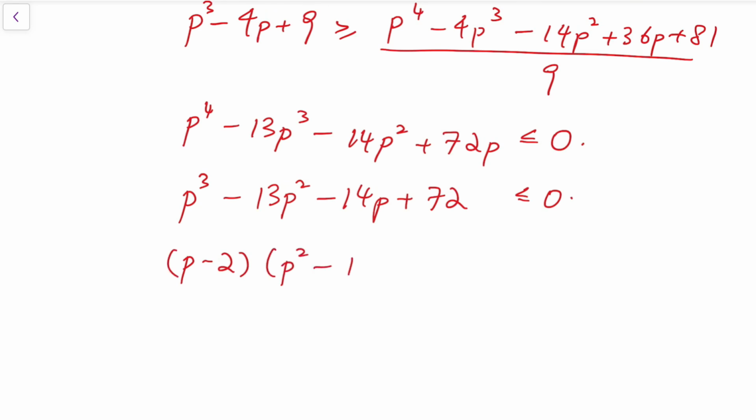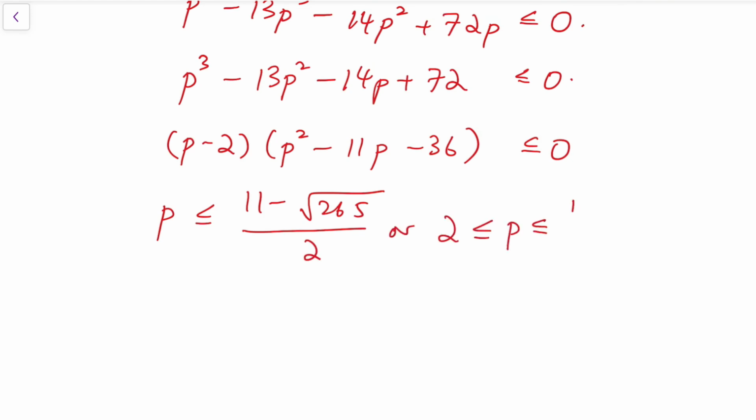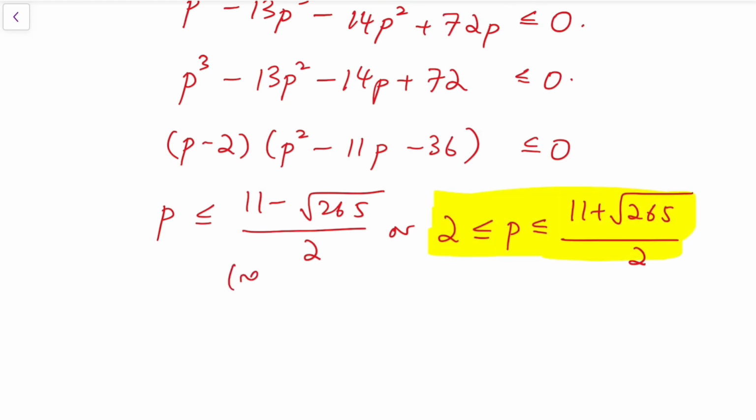Notice that this cubic can be factorized as (p minus 2) times (p squared minus 11p minus 36). So solving, we know p is at most (11 minus square root of 265) all divided by 2, or p is between 2 and (11 plus square root of 265) all divided by 2. From this we can just ignore the first one because that means p is negative.